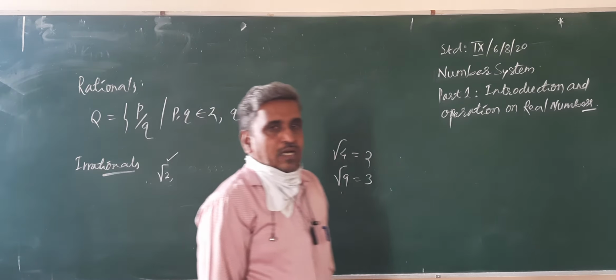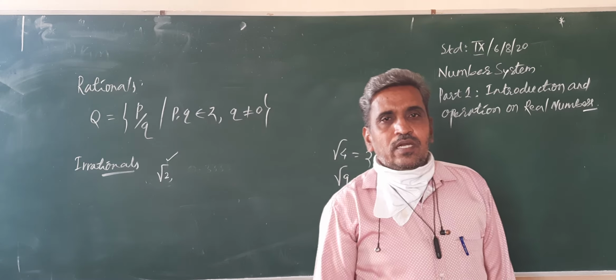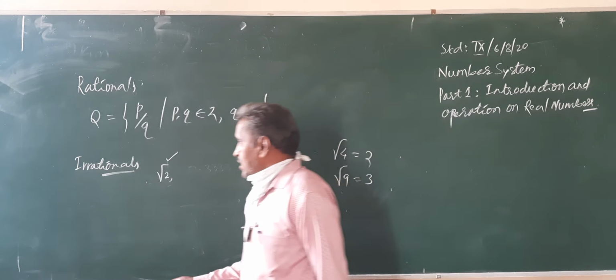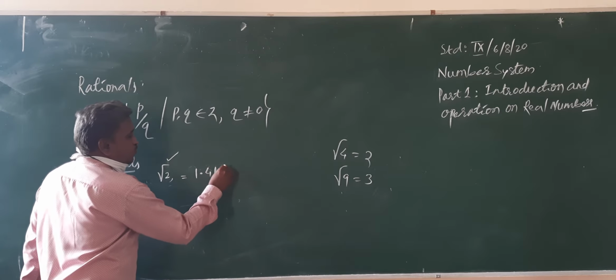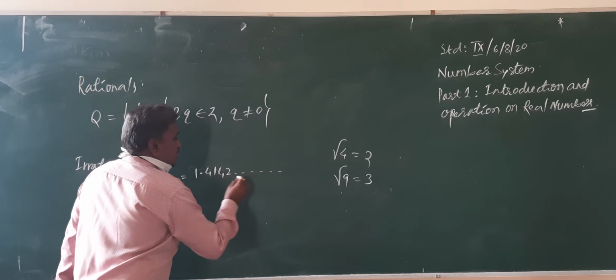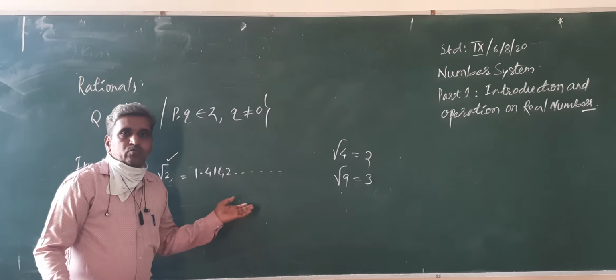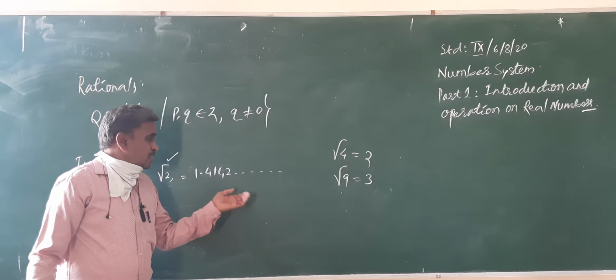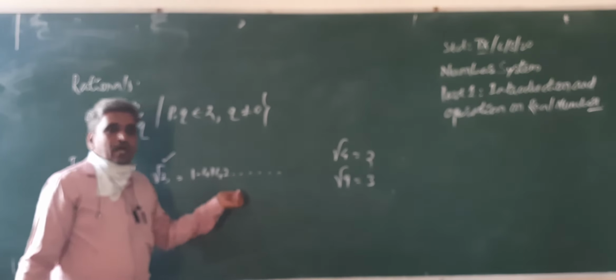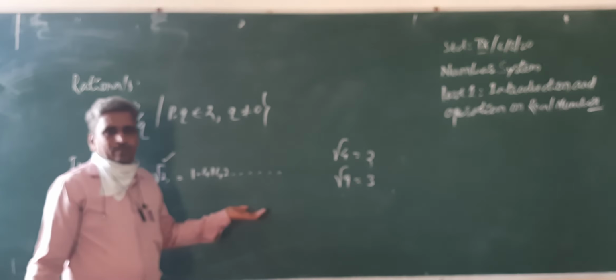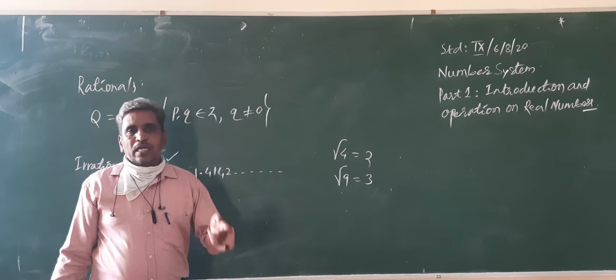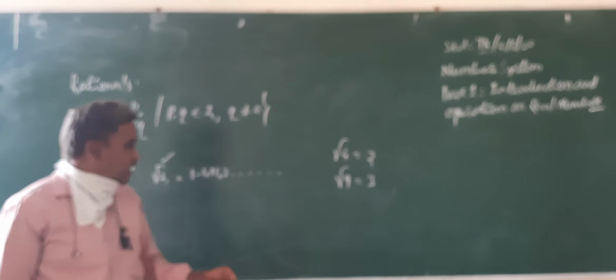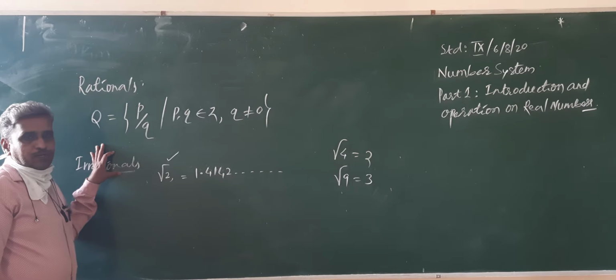There is a method called the division method, with the help of which we can get the value 1.4142, and then what number comes next we don't know. It means such numbers are non-recurring and non-terminating. So non-terminating, non-recurring decimals are said to be the set of irrational numbers.